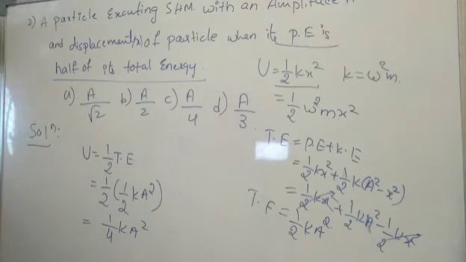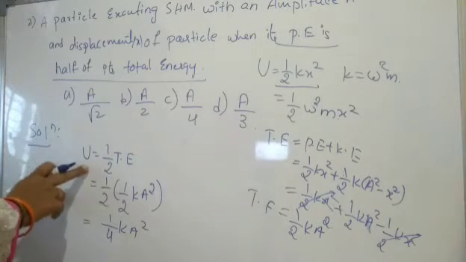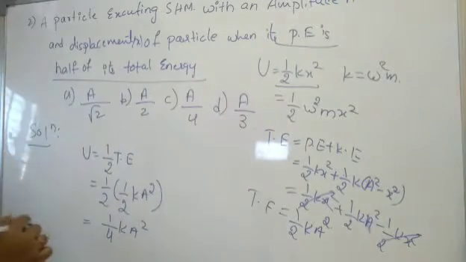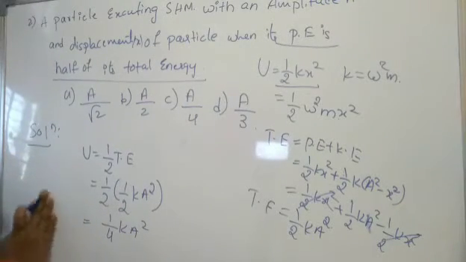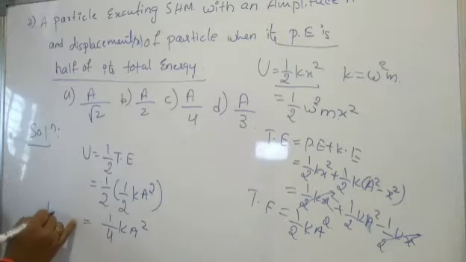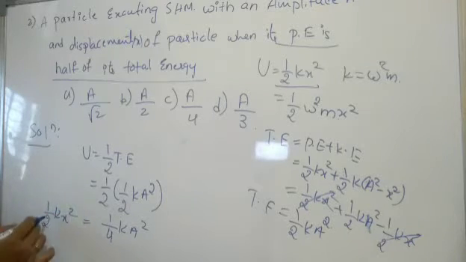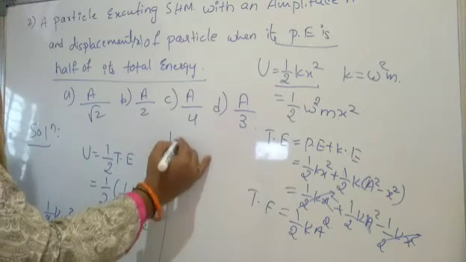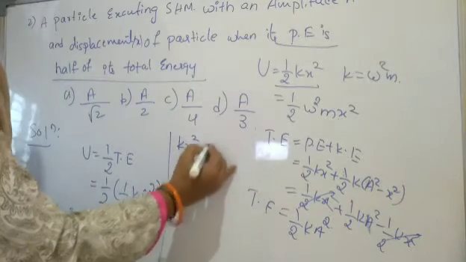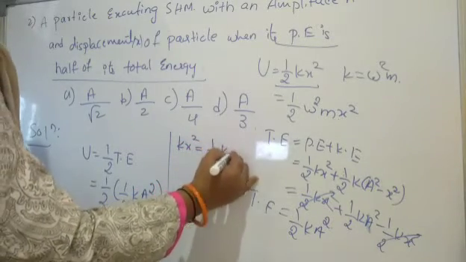So how much does it become here? 1 by 4. And what is this potential energy? Potential energy we will put here, 1 by 2 k x square. So the 2 ones and 2 twos are cancelled, and what remains? k x square is equal to 1 by 2 k a square.